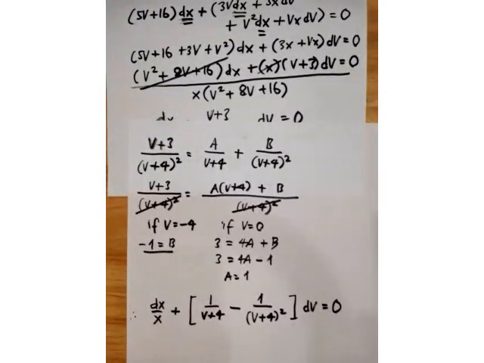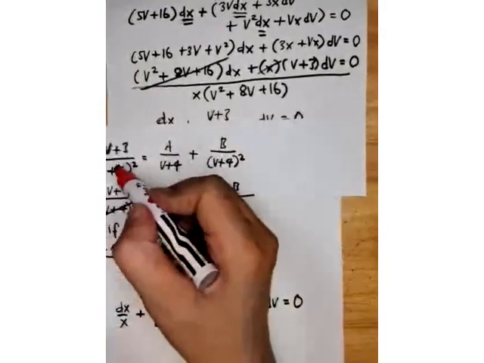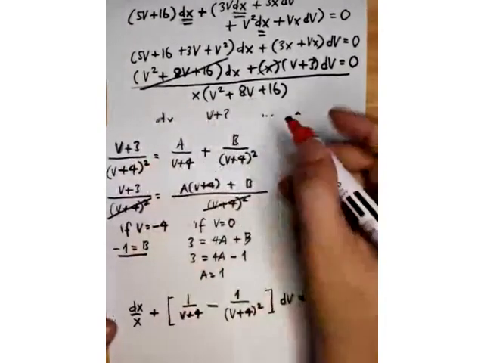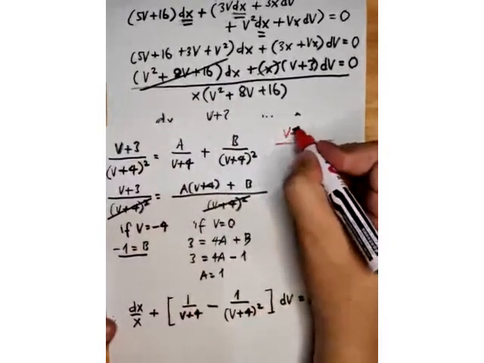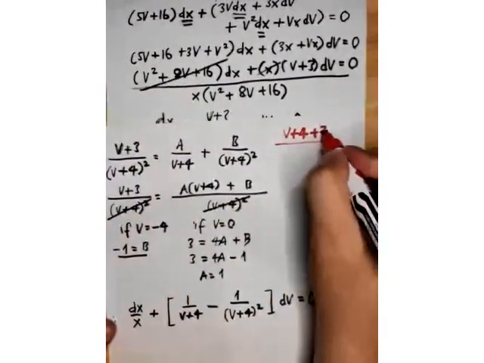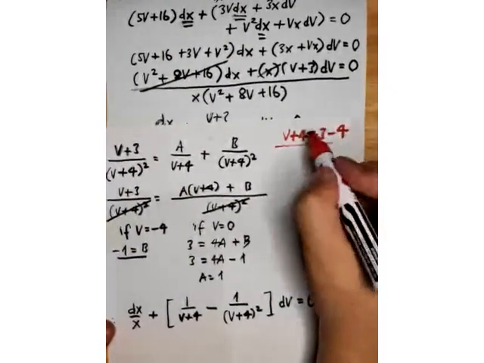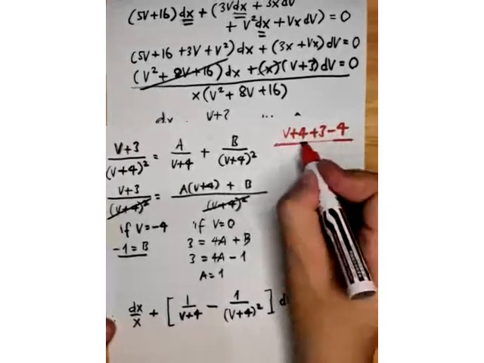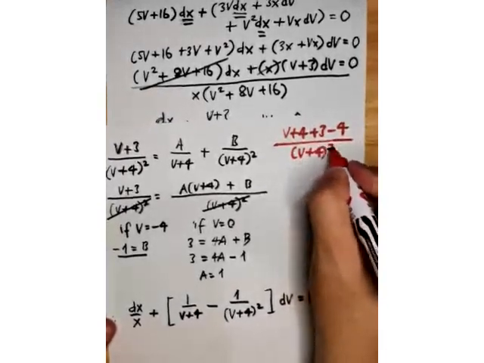Okay, so what's the shorter way? Shorter way kasi ay, di ba meron akong ganito? At kailangan ko ng plus 4. Okay, so plus 4. So, ang gagawin ko ay v plus 4 plus 3 minus 4. Di ba 4 minus 4 is 0. So, it does not affect the value of the numerator. Right. So, all over v plus 4 squared.